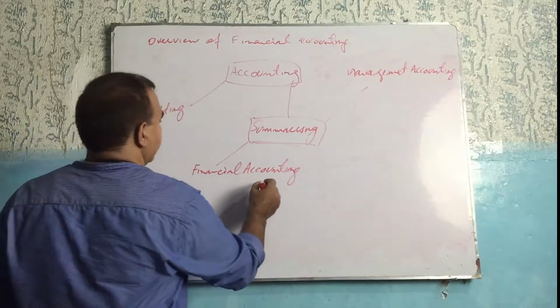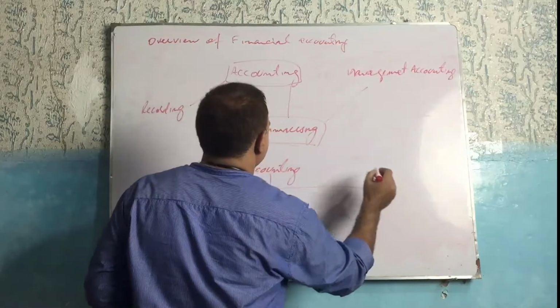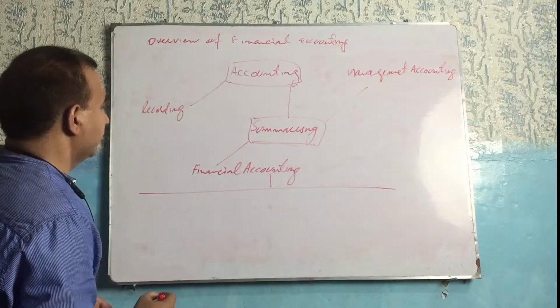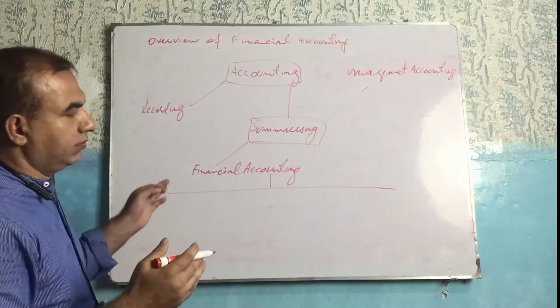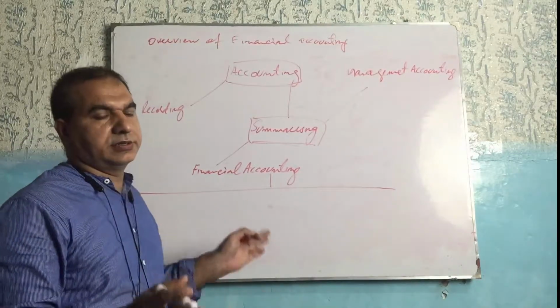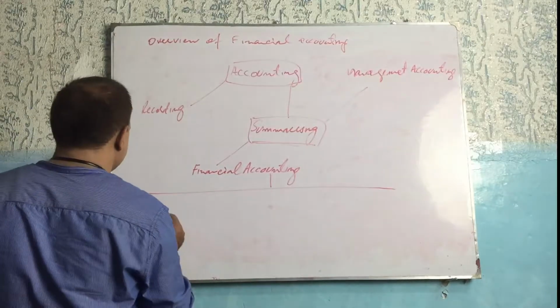So here we are mostly concerned with this one, because when we are dealing with financial accounting, we'll be mainly dealing with it. This is standardized, and mostly the format and layout is given in the International Financial Reporting Standards.